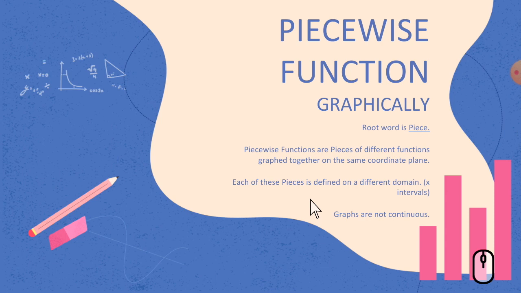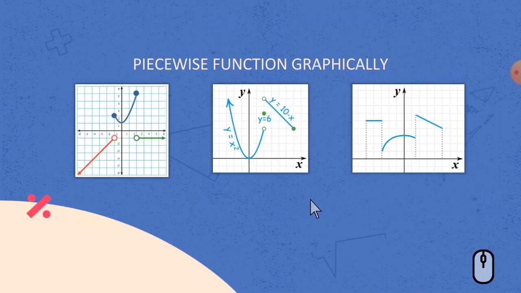And then each of these pieces is defined on a different domain or x intervals, and graphs are not continuous. So dito sa ating definition ng piecewise function graphically, from the word piece, so piraso, it means the graphs are not continuous.